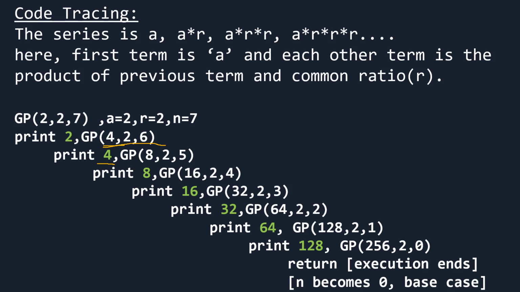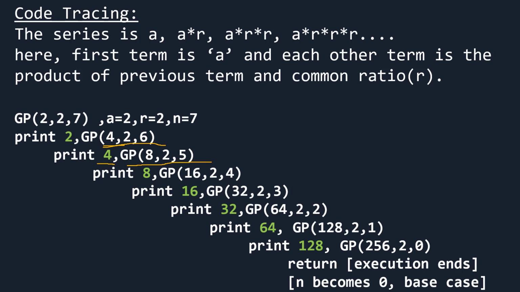The next recursive call is like this: gp will have the values 8, 2 and 5. Why? Because your a becomes a into 2. The previous value of a was 4 and the r value is 2, which is fixed. So 4 into 2 is 8, and n becomes n minus 1, which is now 5.